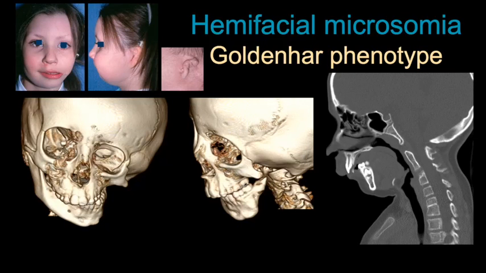Now, when it comes to bilateral, asymmetric, or typically unilateral conditions, the hallmark of a more unilateral micrognathia is hemifacial macrosomia. This is a group of conditions which are of uncertain etiology. Few genetic mutations have been described, but most are of uncertain etiology.